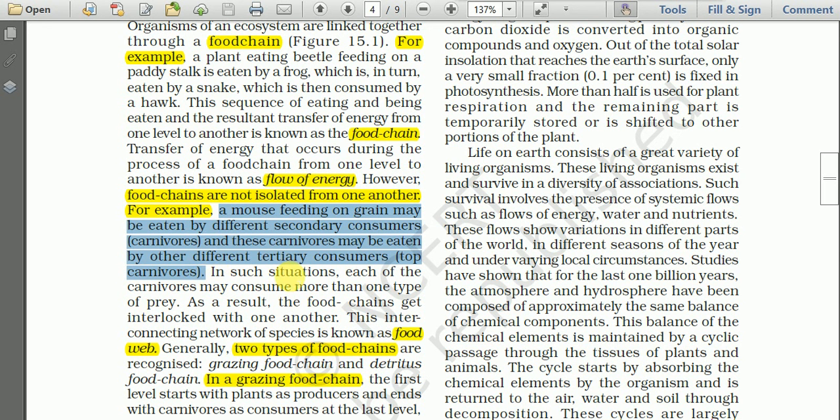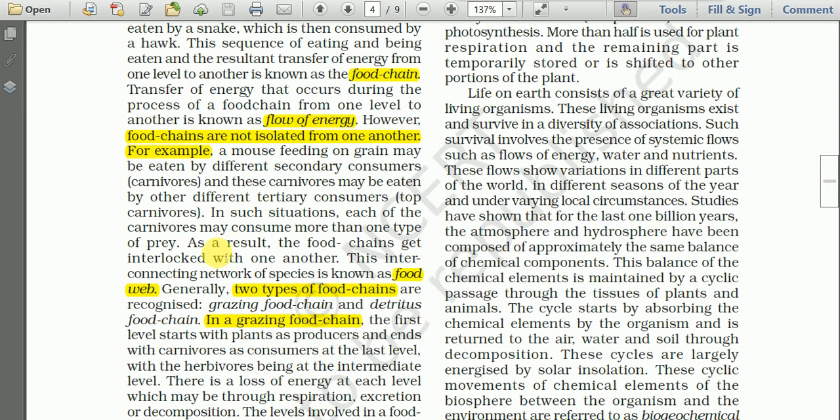A mouse feeding on the grain may be eaten by different secondary consumers. Mouse can be eaten by the snakes also, then by the hawks also. It doesn't mean that mouse should be eaten by snakes only. It is very complex, so that means it is eaten by different consumers.